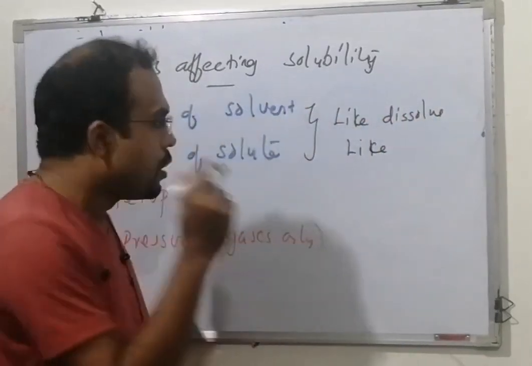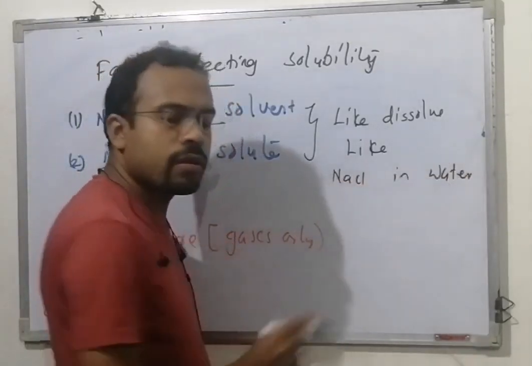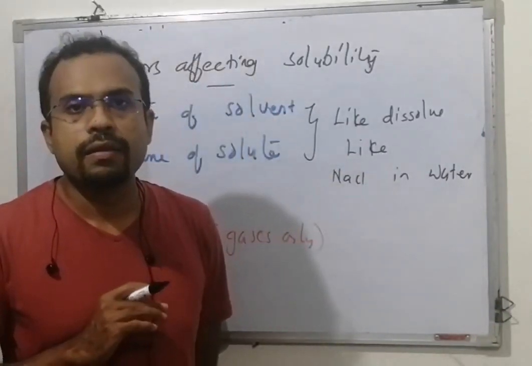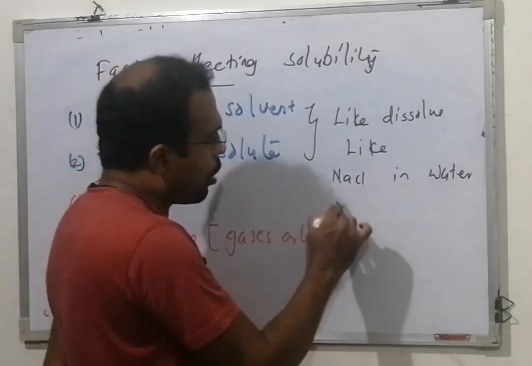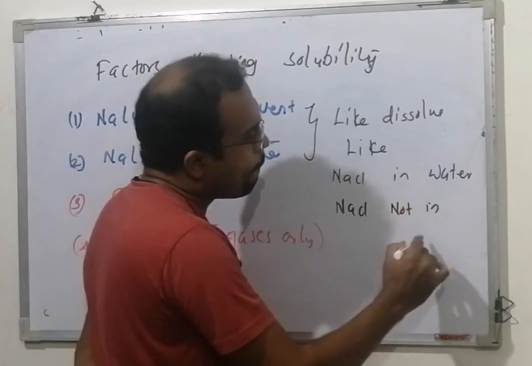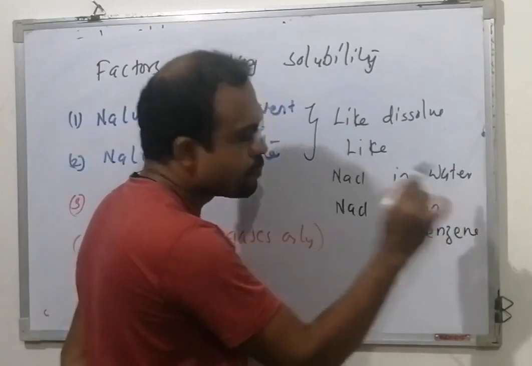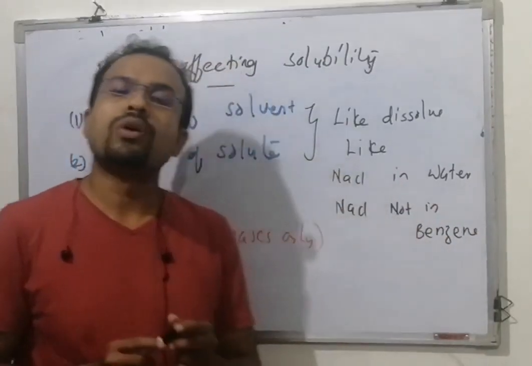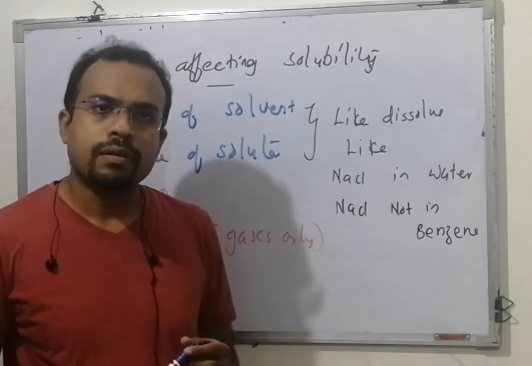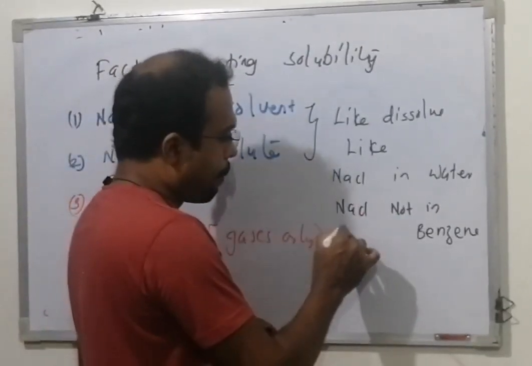What is the meaning? Sodium chloride can be dissolved in water. But sodium chloride not in benzene. Benzene is a solvent. You cannot dissolve the sodium chloride because it is polar.